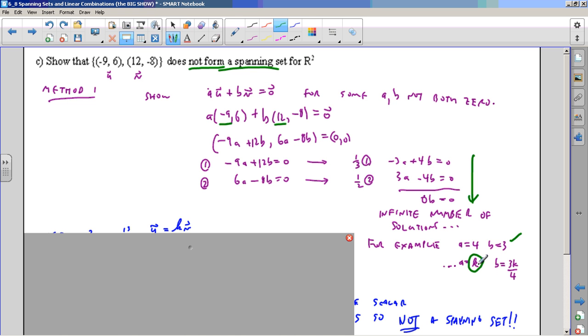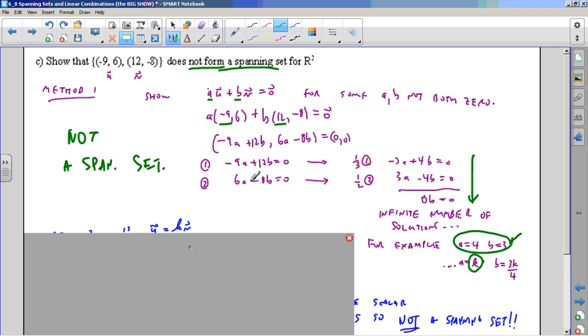Doesn't matter, some scalar k. And then I put that in and then solve for b, and I get b equals 3/4 k. And then that gives me my infinite number of solutions. So as long as k is not equal to 0, I've got a combination of a and b that give me a linear combination of my 2 spanning set vectors where a and b are not both 0 gives me the 0 vector. That shows not a spanning set.